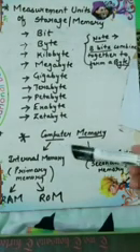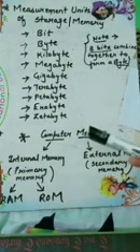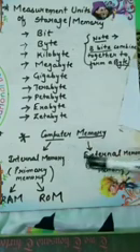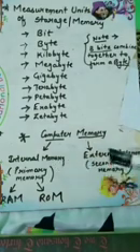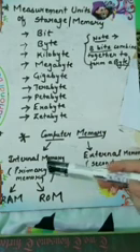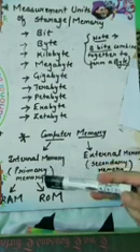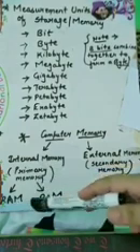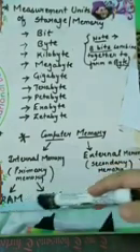After that, we have studied about the computer memory. Computer memory is the basic unit of the computer where it can store data and instructions. Now, computer memory is of two types, internal memory and external memory. Internal memory is also known as primary memory. And primary memory is further divided into two parts, RAM and ROM.